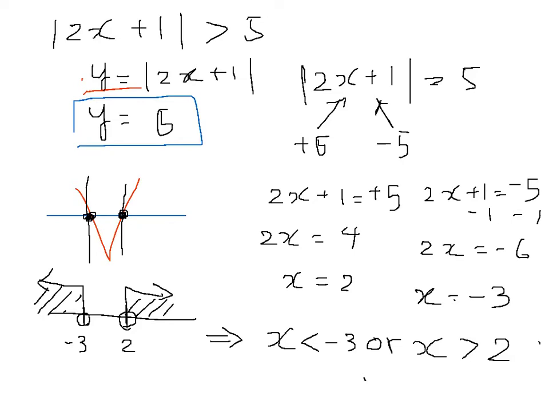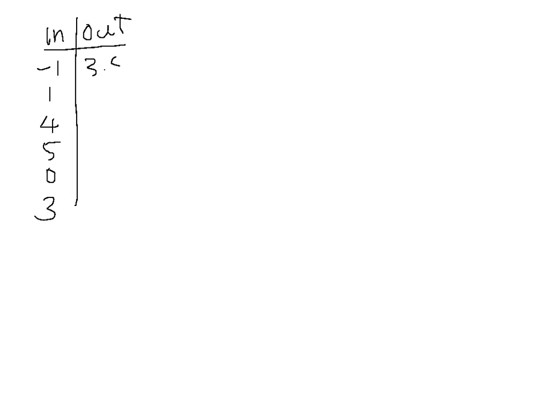The second thing we've learned is the line of best fit. For example, let's say we have some data set. The inputs are negative 1, 1, 4, 5, 0, 3, and the outputs are 3.5, 4, 5.5, 4, 2, negative 1.